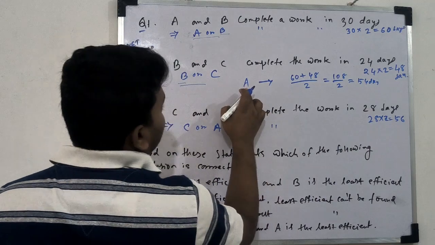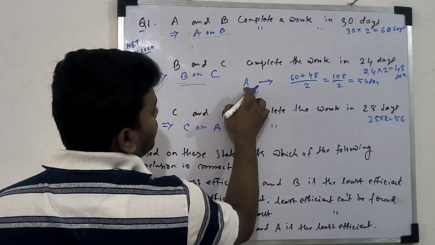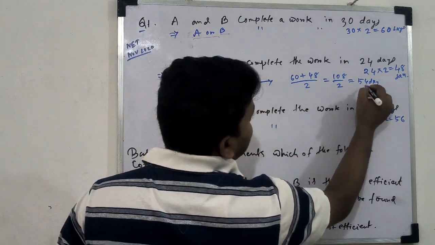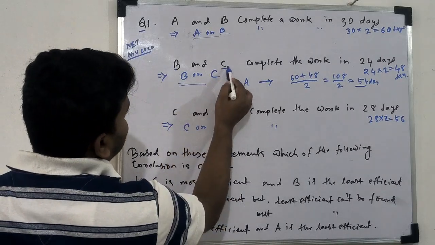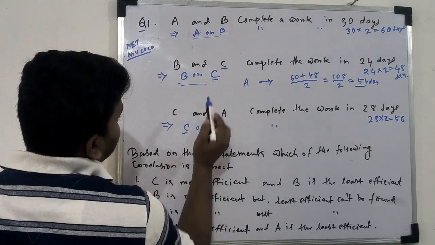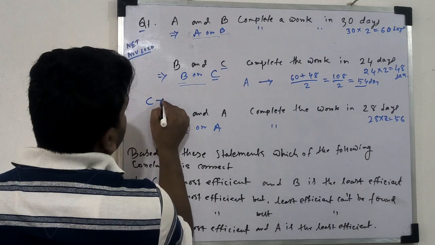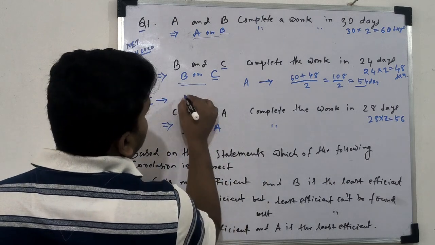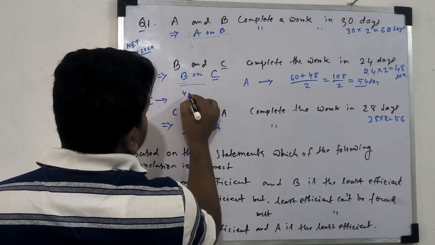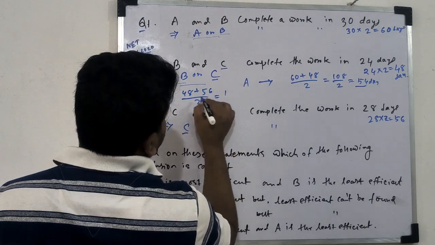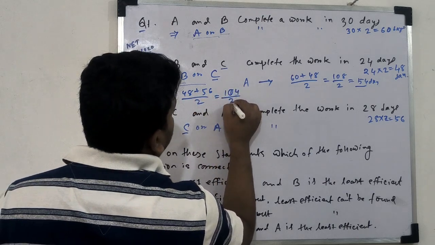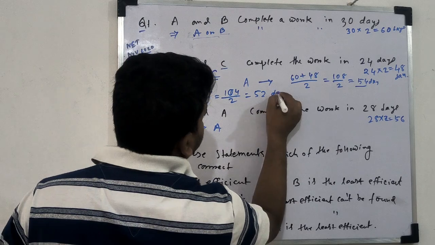So if B works alone, it takes 54 days. Similarly, from these two, C is present in both, so if C does the job alone, it takes 48 plus 56 divided by 2, that is 104 by 2, that is 52 days.